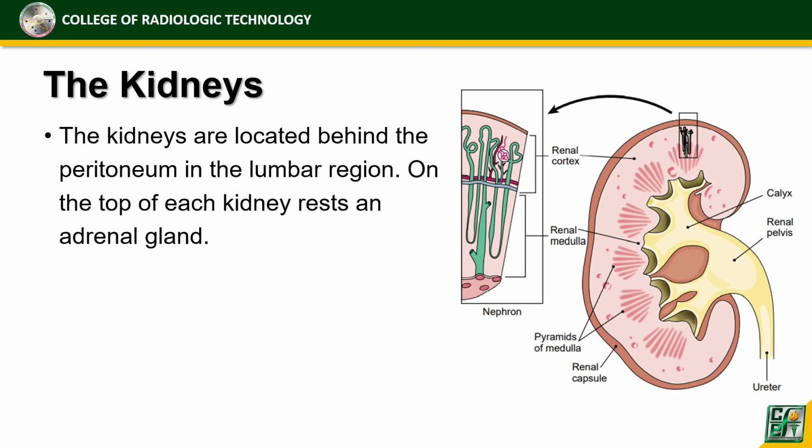The renal capsule encloses the cortex. And then we have the calyxes or the calyces, and the renal pelvis. The primary unit, or the working unit, of the kidneys is called the nephron. That is the functional unit of the kidney, nephron.